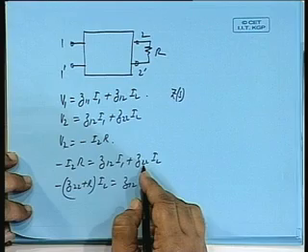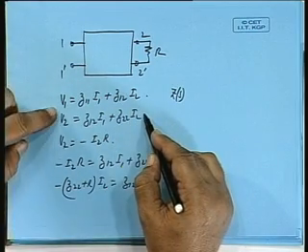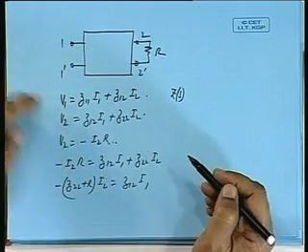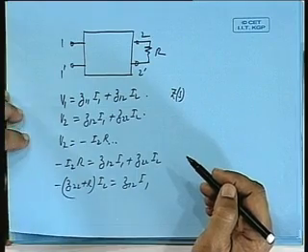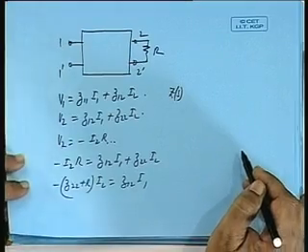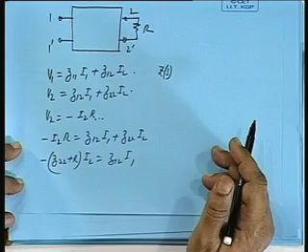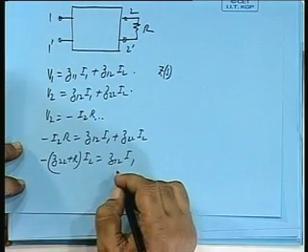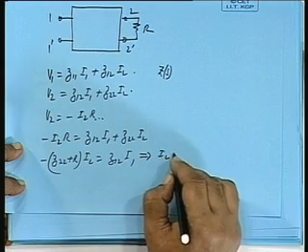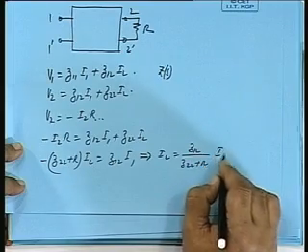See, I am taking this equation, this is equated to this. Z12 and Z21 they are identical. That we have seen for passive bilateral network, it is same. Okay. So, I2 I can write as Z12 by (Z22 plus R) into I1.